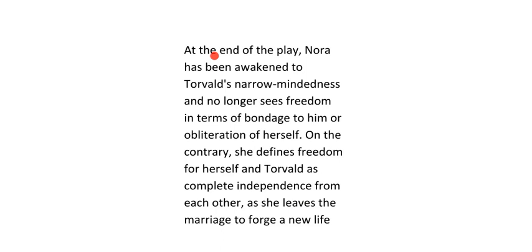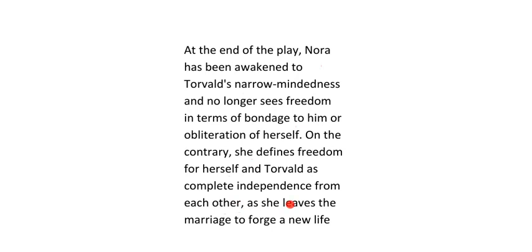At the end of the play, Nora has been awakened to Torvald's narrow-mindedness and no longer sees freedom in terms of bondage to him or obliteration of herself. On the contrary, she defines freedom for herself and Torvald as complete independence from each other.